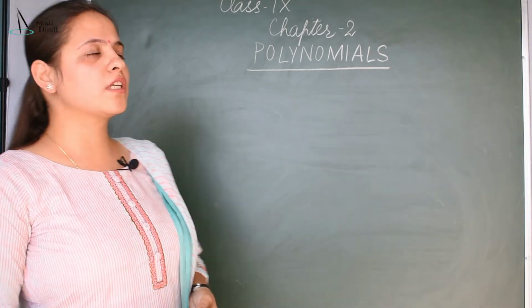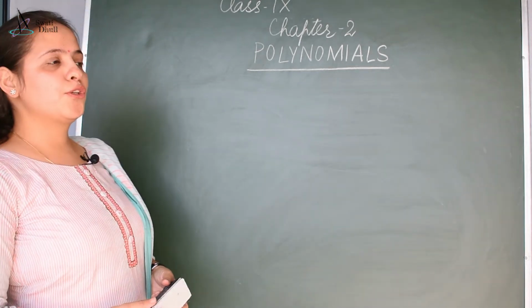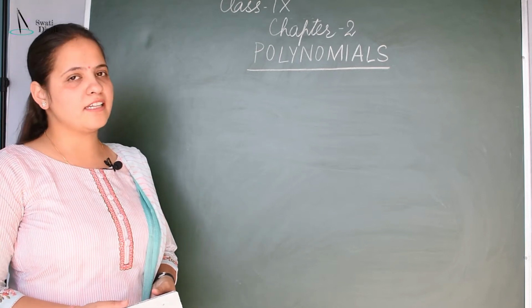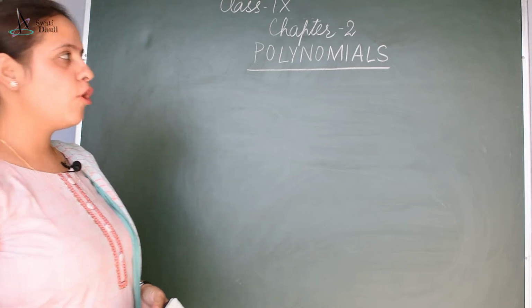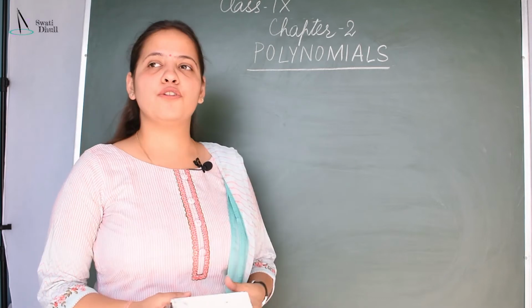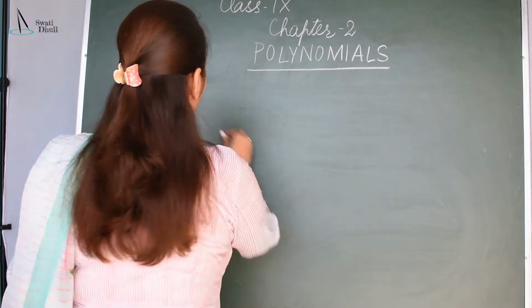Today I am going to discuss with you all chapter 2 of class 9, that is polynomials. So before proceeding with the chapter, you must know what algebraic expressions are.